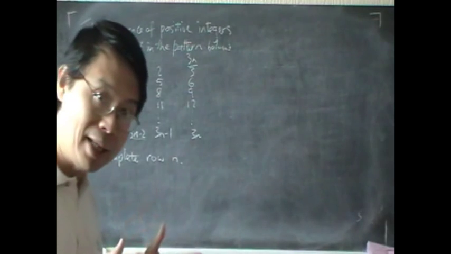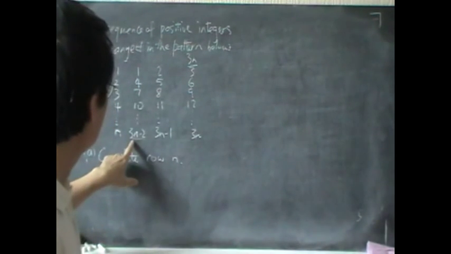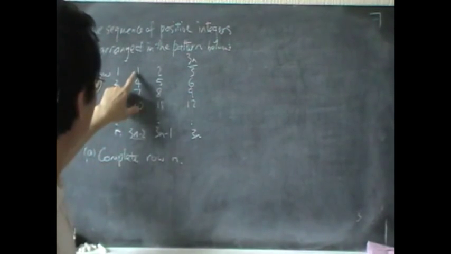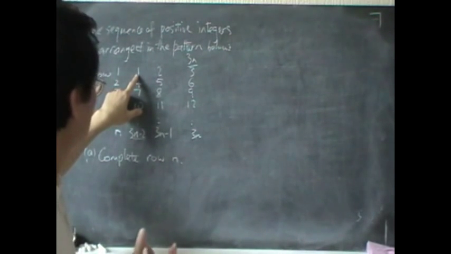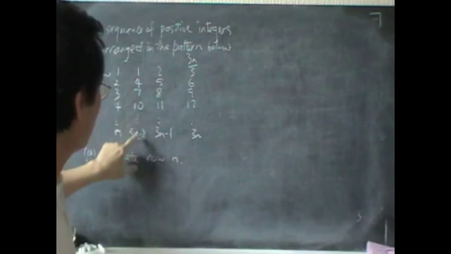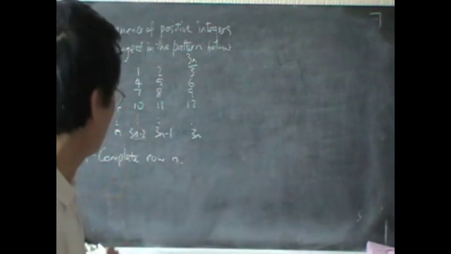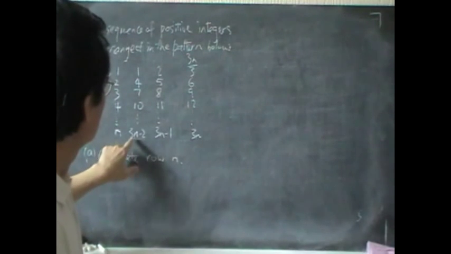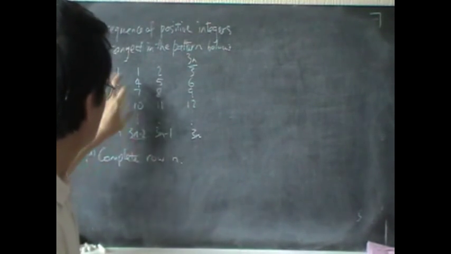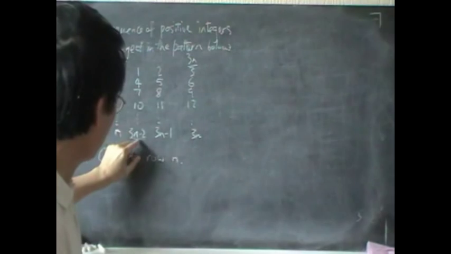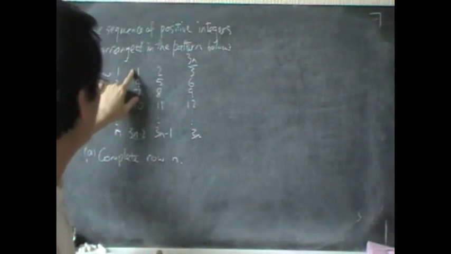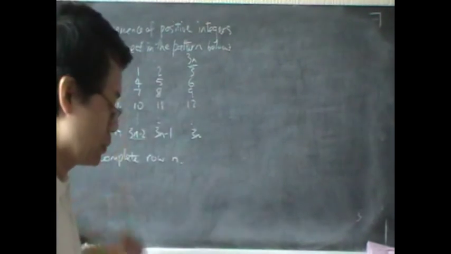But then 3n is not the answer, because for example, in the row 1, it's not a 3. If 3n is the answer, then the row 1 must be a 3. But you have a 1.